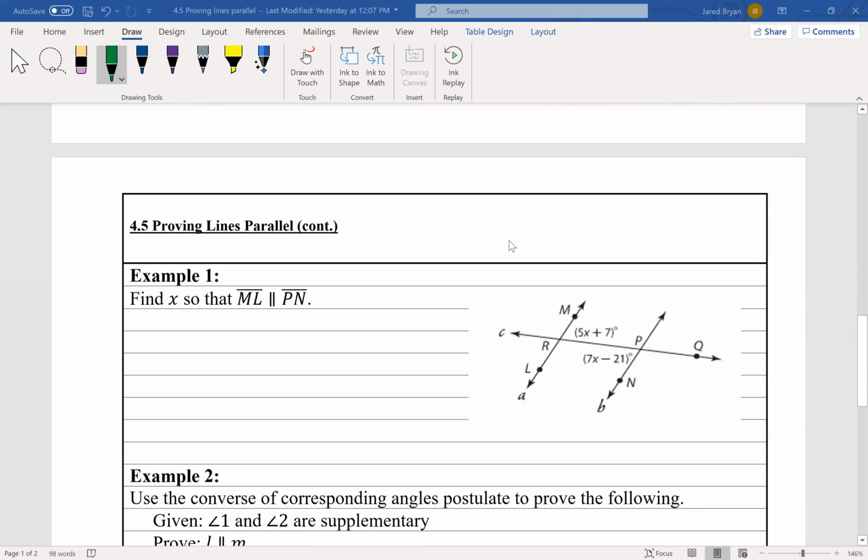Okay, example 1, we have this diagram here, and we're trying to find x so that the line ML is parallel to PN. So what I'm going to do right now is I'll pause. I want you to sketch this diagram and make sure you label everything. I'll give you guys a couple minutes.